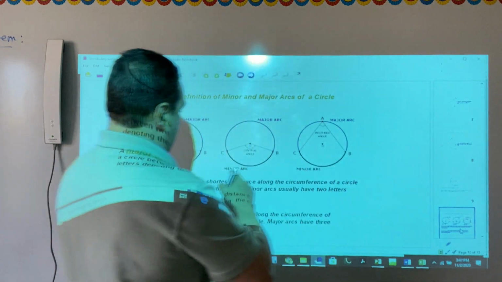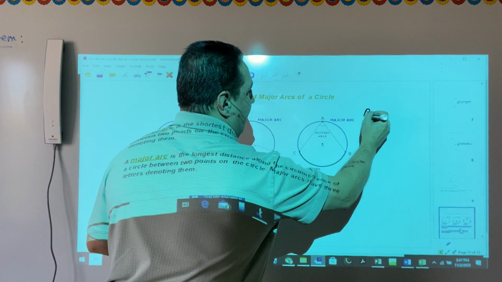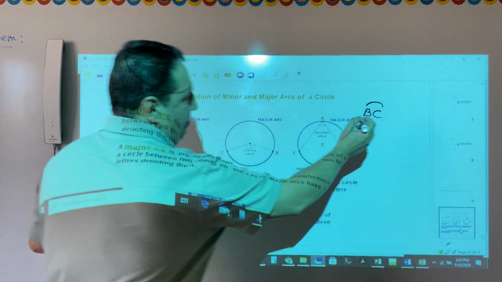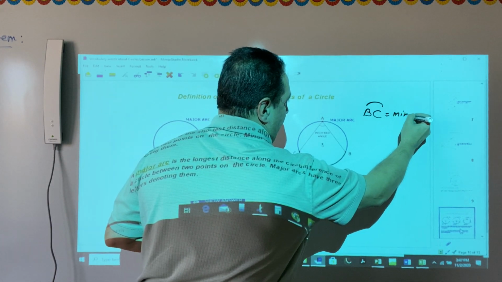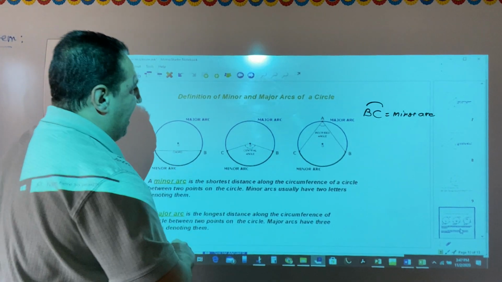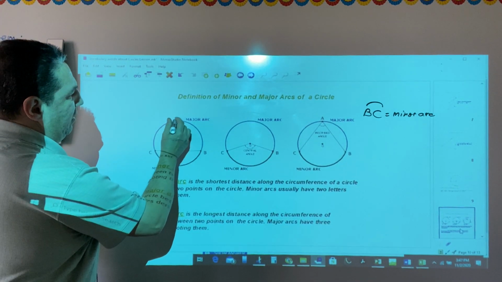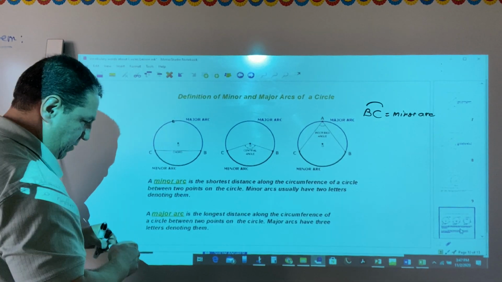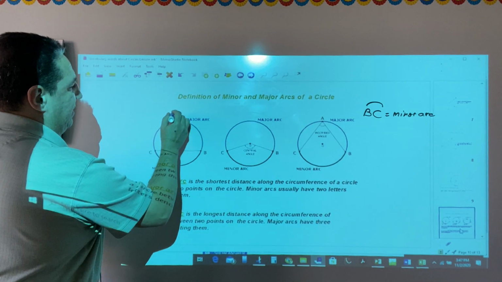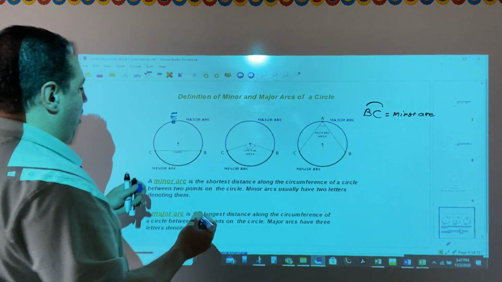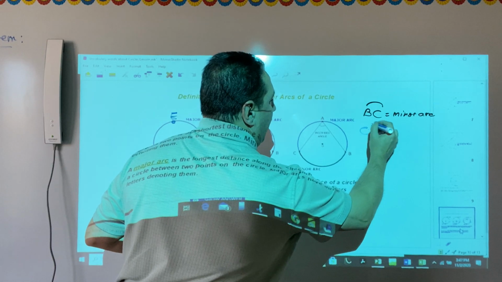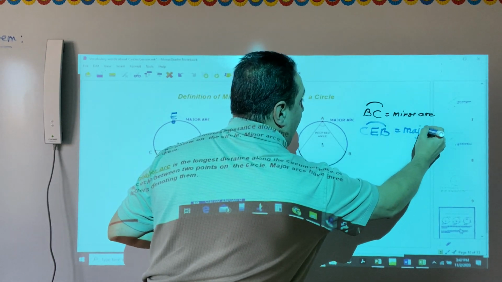Let's say we denote the minor arc by BC, and this symbol means arc. The major arc is denoted by 3 letters. Let's put one more letter here. Let's use a blue color to be consistent. Let's see, E. So, it is CEB, a major arc.